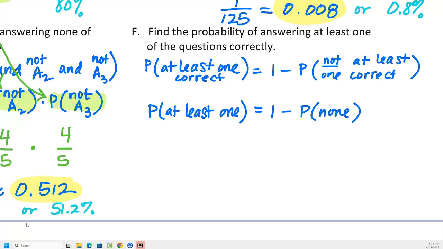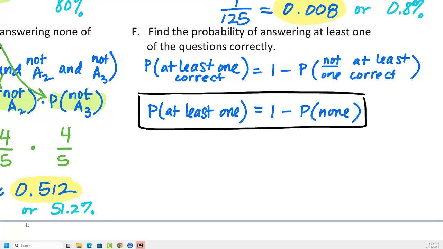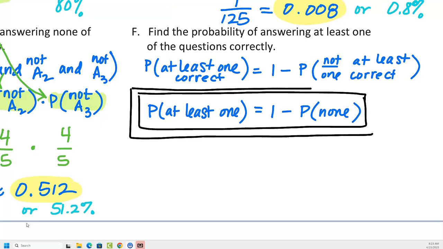So when you see the wording at least 1, it's the same as 1 minus the probability of none. Because for at least 1, you would otherwise have to find all the different probabilities that it can be.